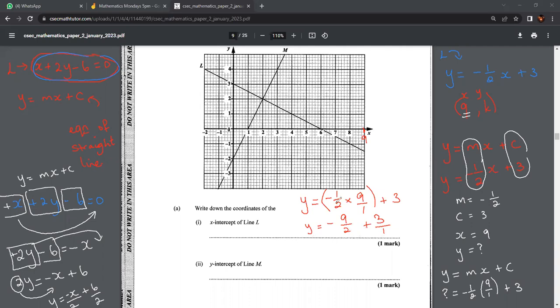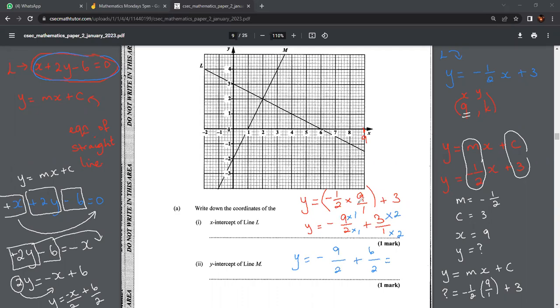Whatever I do to the bottom to make this 2, I must also do to the top. So I'll end up with y is equal to -9/2 plus 3 times 2, which is 6/2.